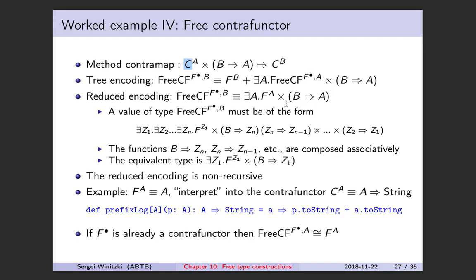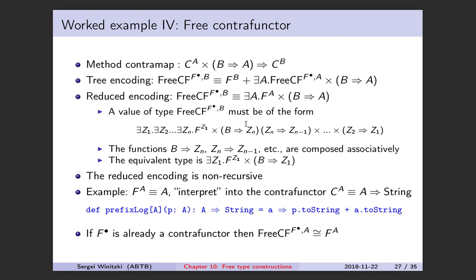Now, reduced encoding, quite similarly to deriving the reduced encoding for the free functor, we derive it for the free contrafunctor. The value of a free contrafunctor type in the tree encoding will always be of the form that either we have an FB or we apply several times map to FB, which will add, here I forgot the direct product sign.